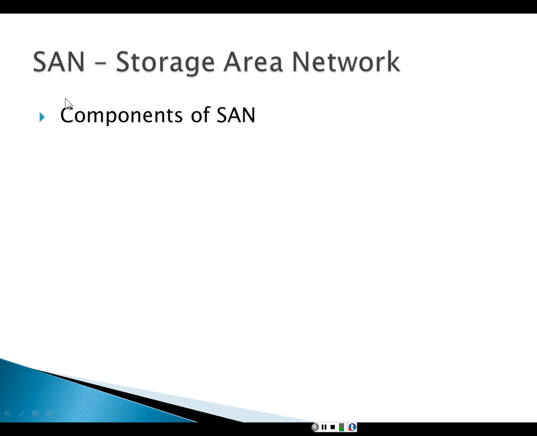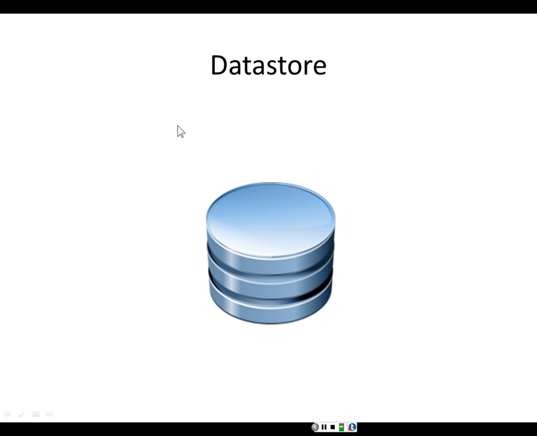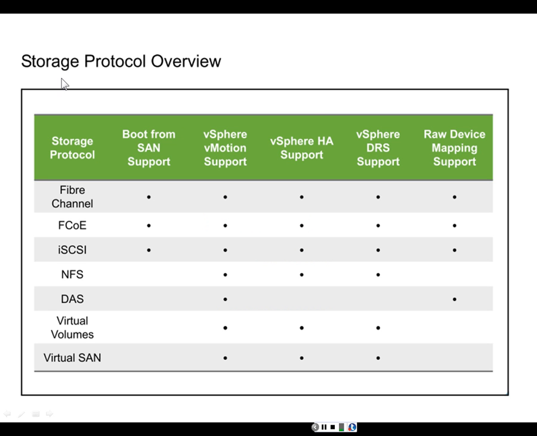Storage area network components. A data store is a place where data is stored. And the storage protocol overview shows that data can be stored in a variety of places. A data store can be accessible by way of fiber channel over Ethernet, iSCSI, NFS, or direct attached storage.